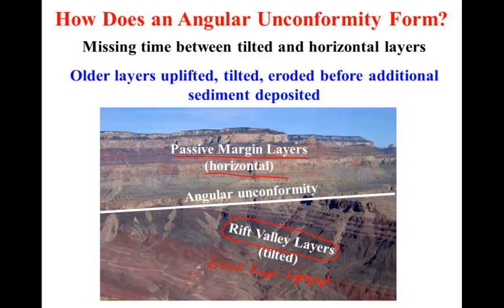The contact between the two, between our tilted and flat layers, is an angular unconformity. That unconformity represents a period of time when our elevated trailing edges of the continent cooled and subsided below sea level and became a passive margin. Not until they fell below sea level could sedimentary rock layers start forming again.